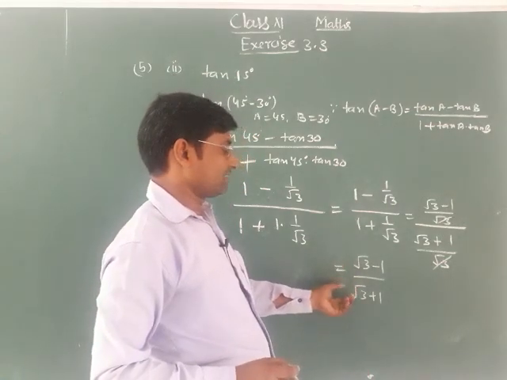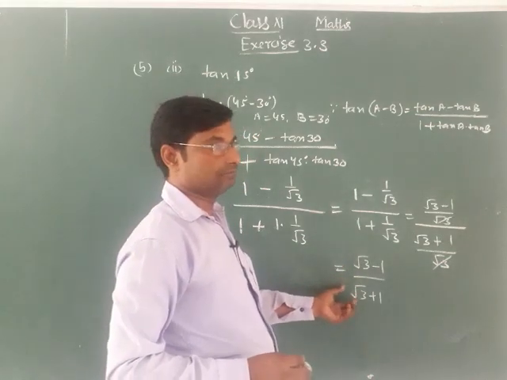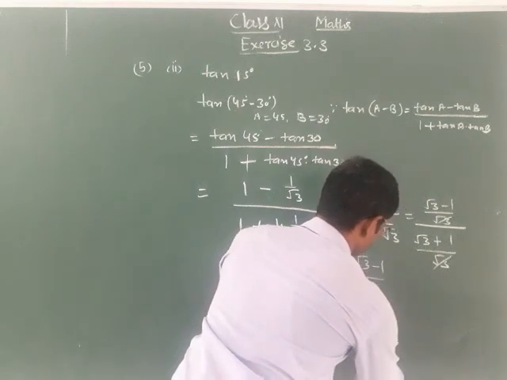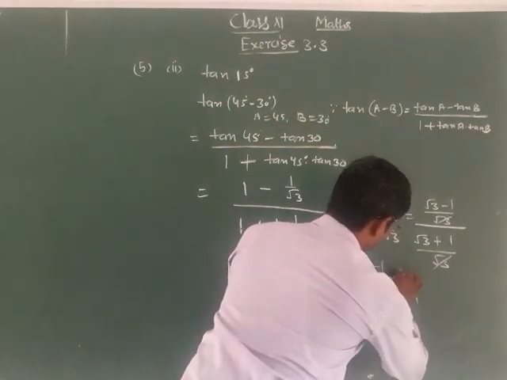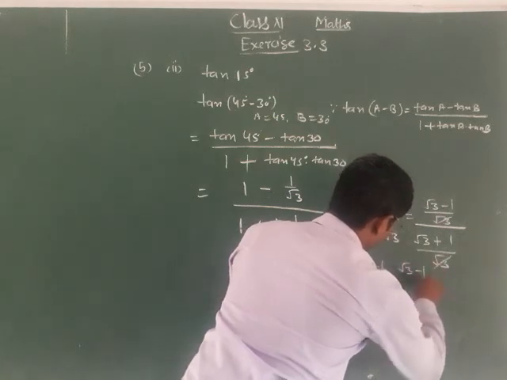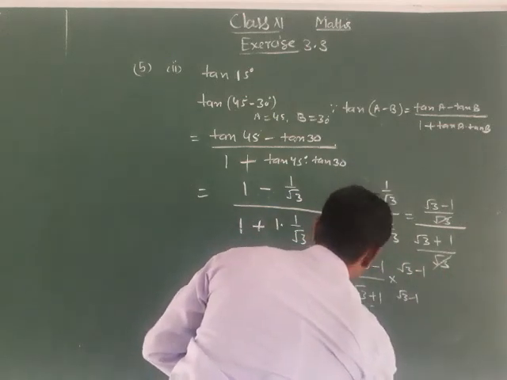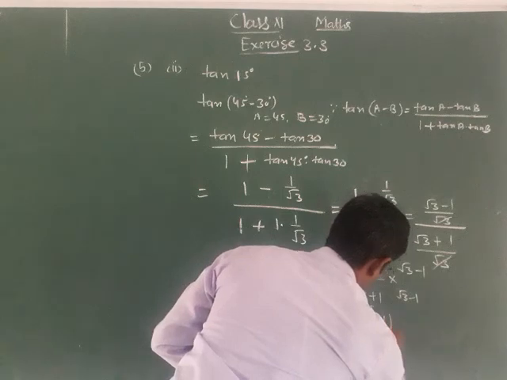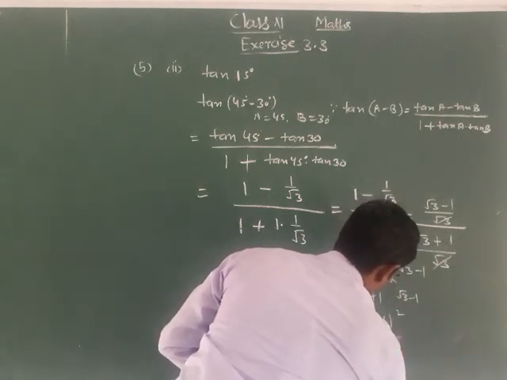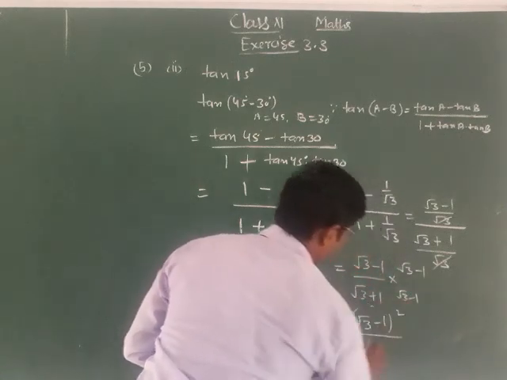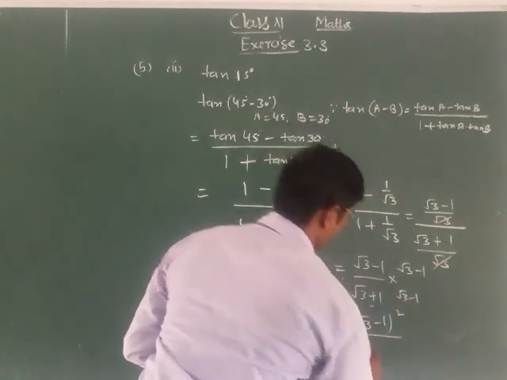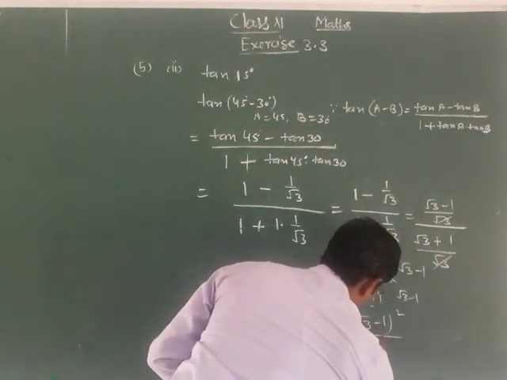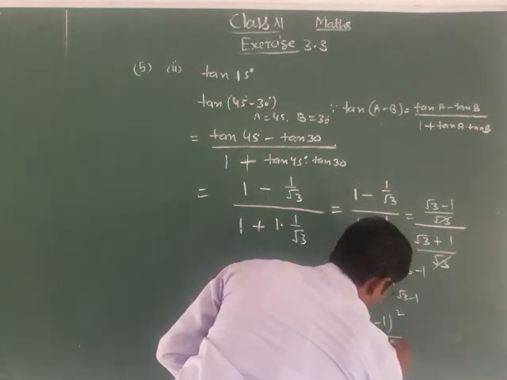Now rationalize the denominator. Multiply by the conjugate, root 3 minus 1 into root 3 minus 1. So now we have root 3 minus 1 whole square upon the identity (a plus b)(a minus b) equals a square minus b square, so root 3 square minus 1 square.